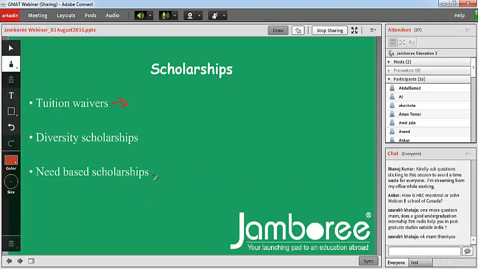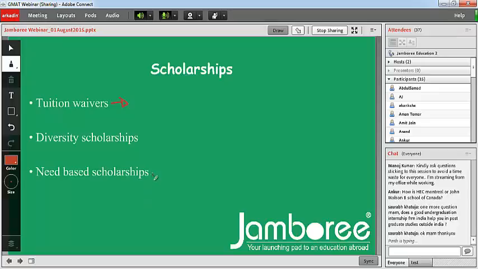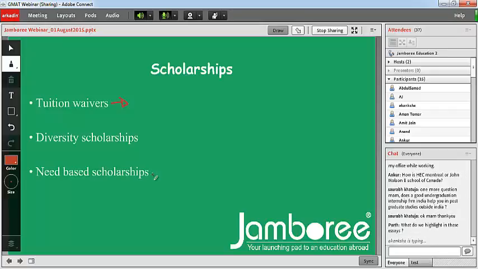Then there are need-based scholarships. Very few universities give need-based scholarships, but for example, ISB gives need-based scholarships, right? For need-based scholarships, they will ask you for your income tax returns, your family's income tax returns, etc. This is totally based on need, whether you need the money or not. Merit has nothing to do with this, right? Tuition waivers and diversity scholarships have to do with merit.